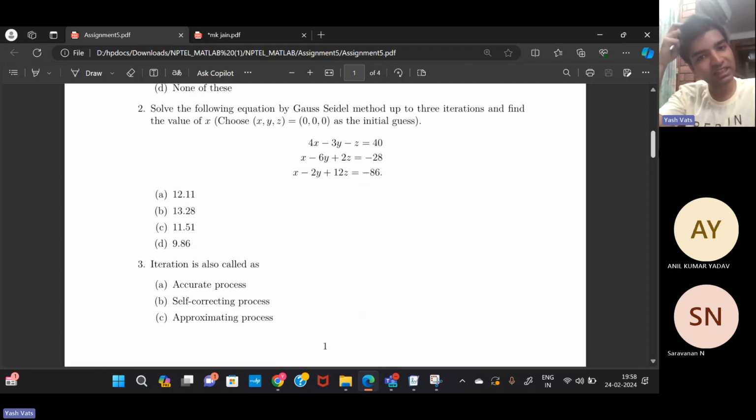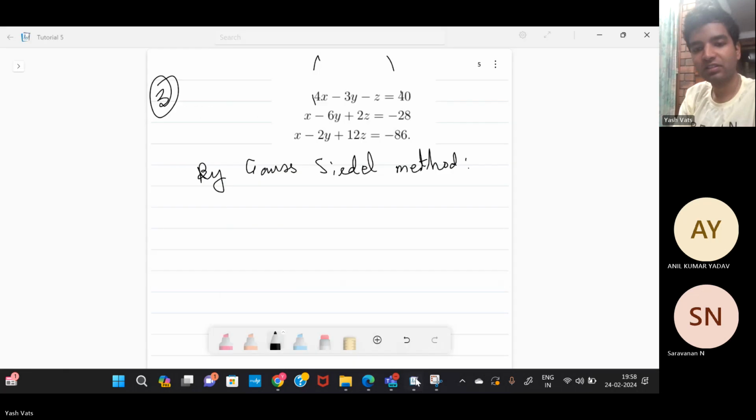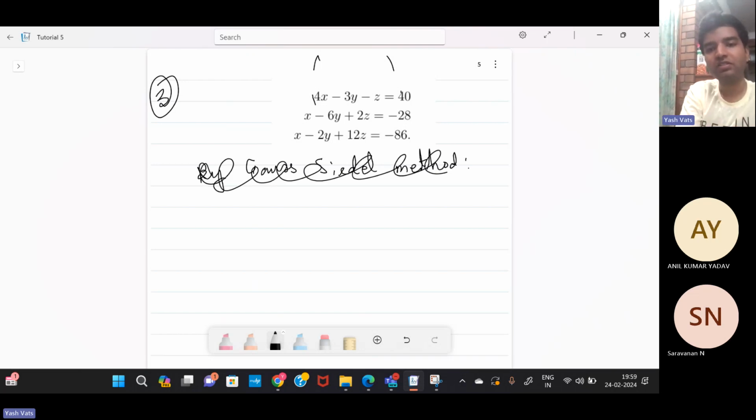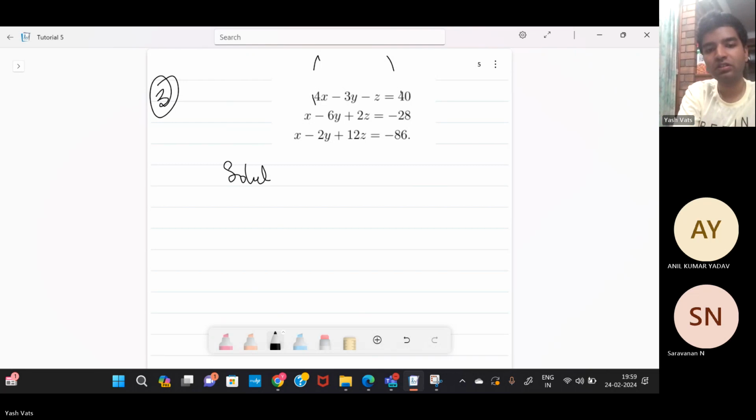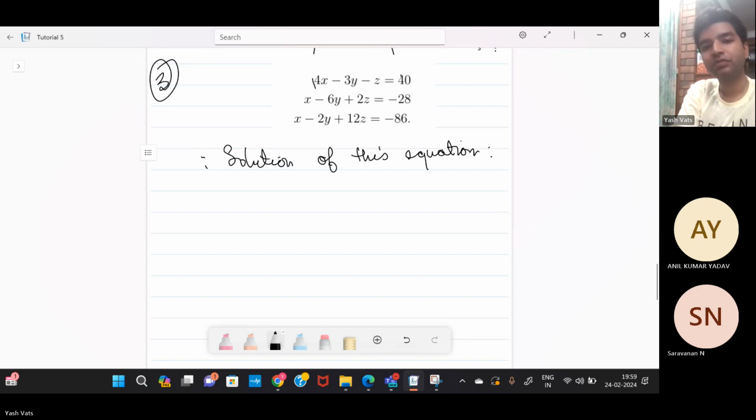So what is the solution of this equation? Can you tell me by hand? We try to check which method converges faster. Analytically, can you tell me the solution of this equation? How do you find the solution?